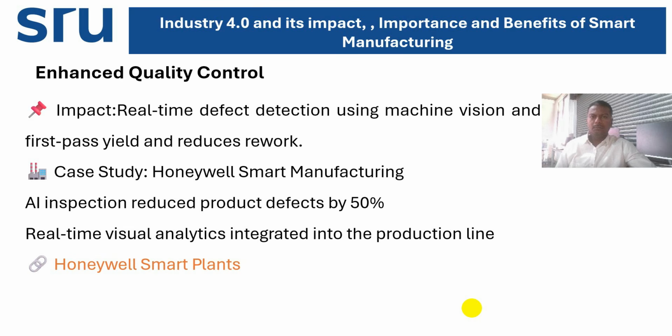To achieve product quality checking and control, some companies are already adopting this, such as Honeywell, for real-time detection using image processing technology like machine vision incorporated with AI, which improves first pass yield and reduces the work of the manpower.